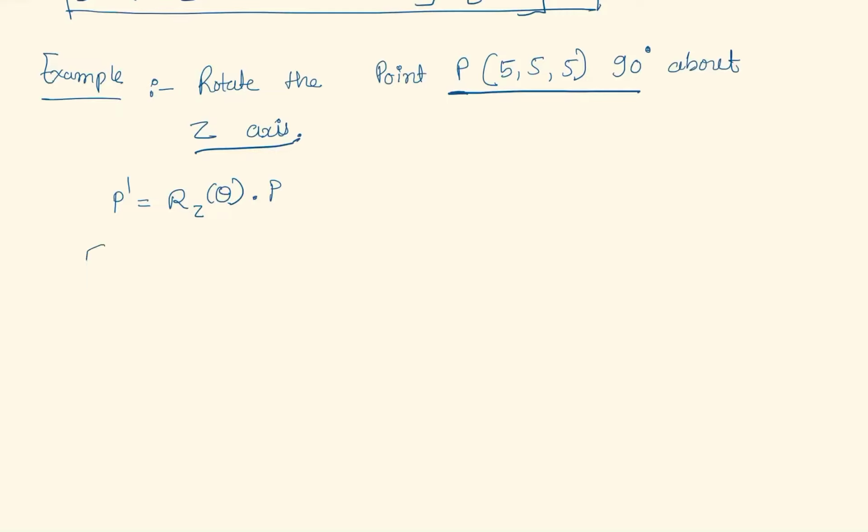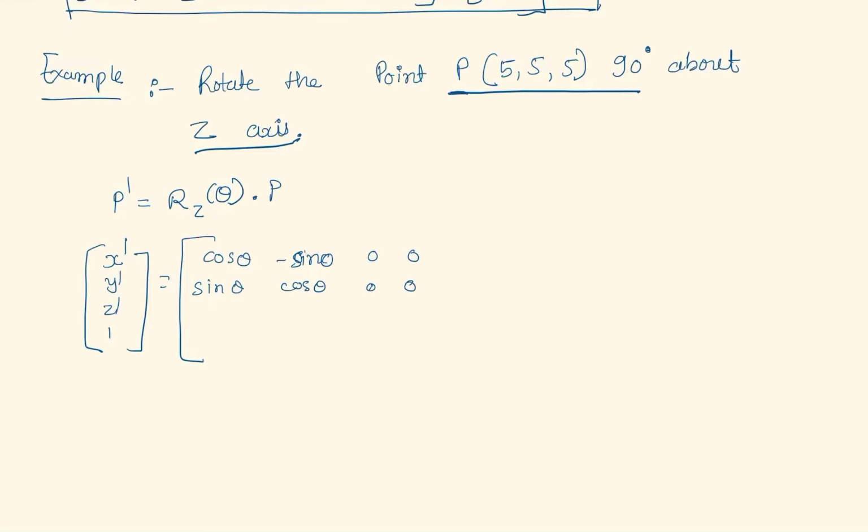And what will be the rotation matrix? [x dash y dash z dash 1] is equal to cos theta minus sin theta 0 0, sin theta cos theta 0 0, 0 0 1 0, 0 0 0 1.